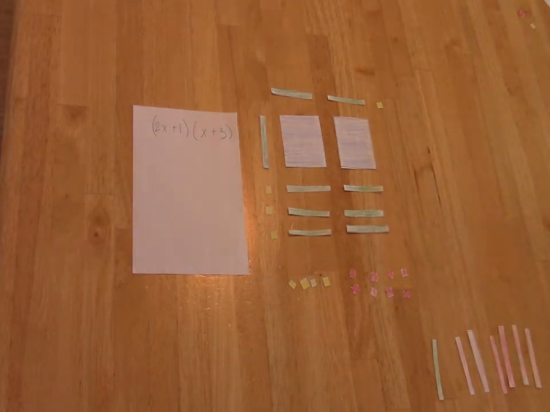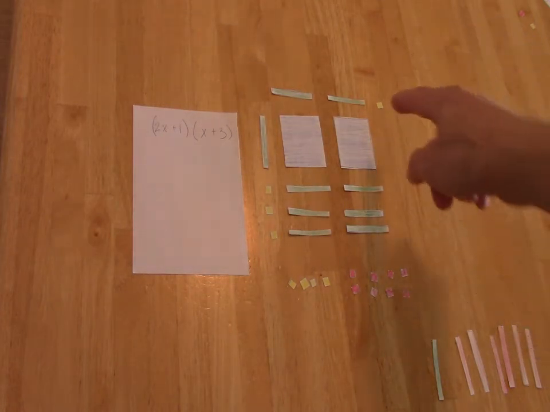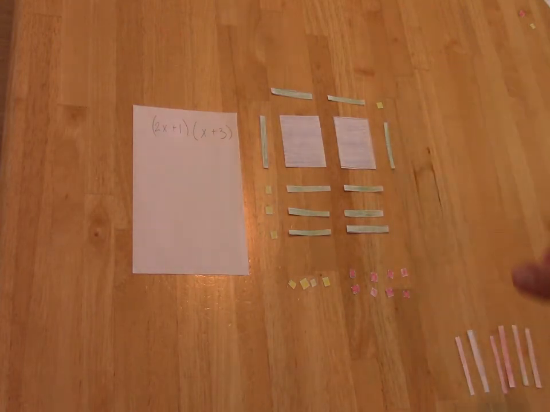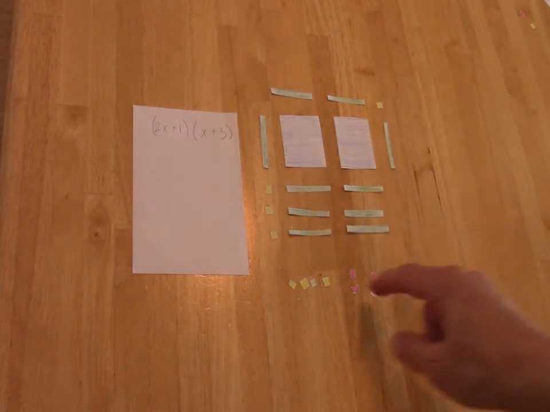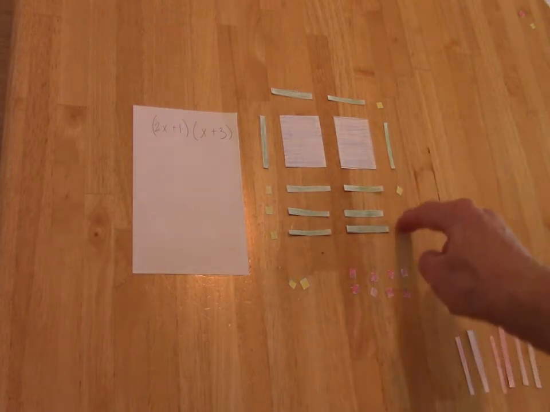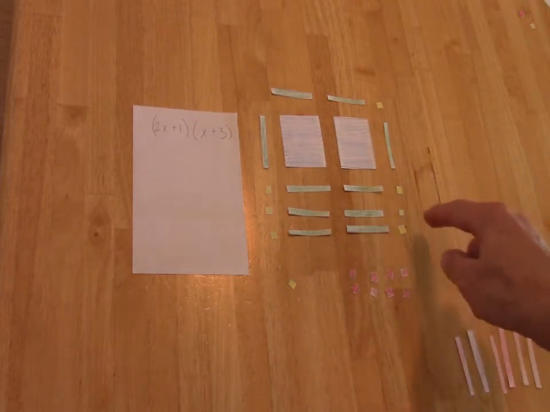And as we do that, we have one more column left to fill in, which will be 1 and then the x, which makes x here. And then 1 and 1 match up here. And another 1 and 1 match up here. And another 1 and 1 match up here.